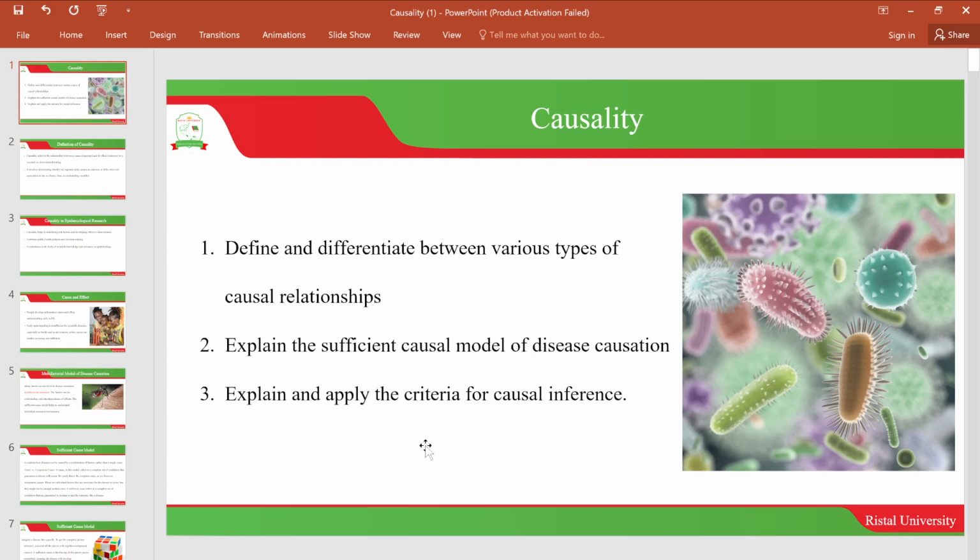So there is always an interaction of several factors, and we dwelt a lot on the models that explain the multifactorial nature of disease causation.